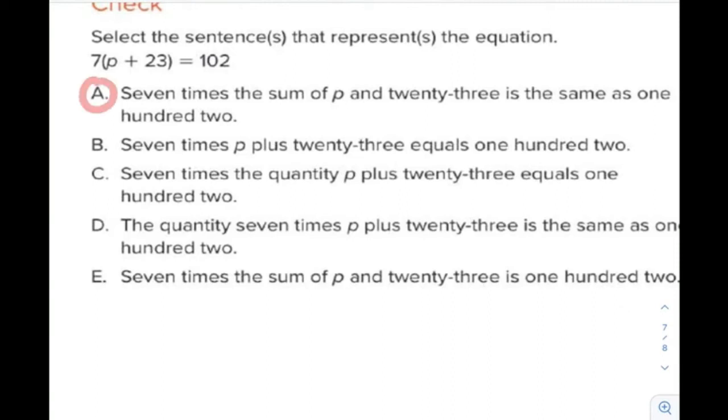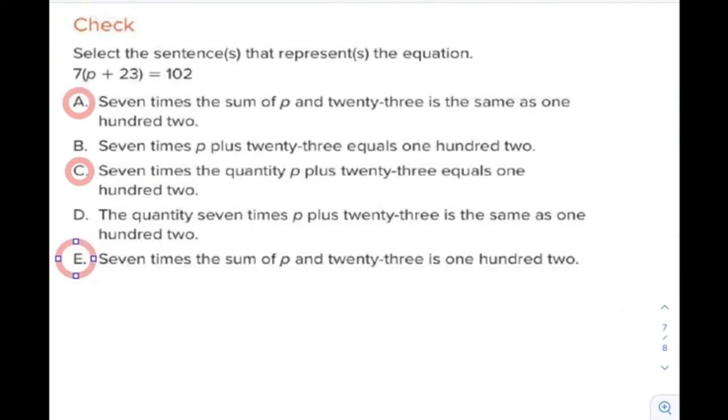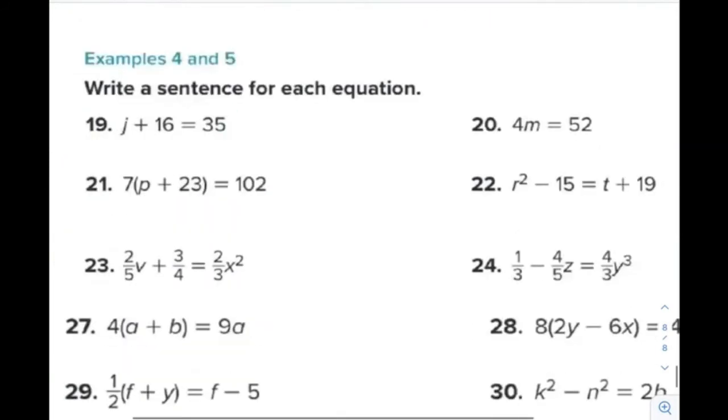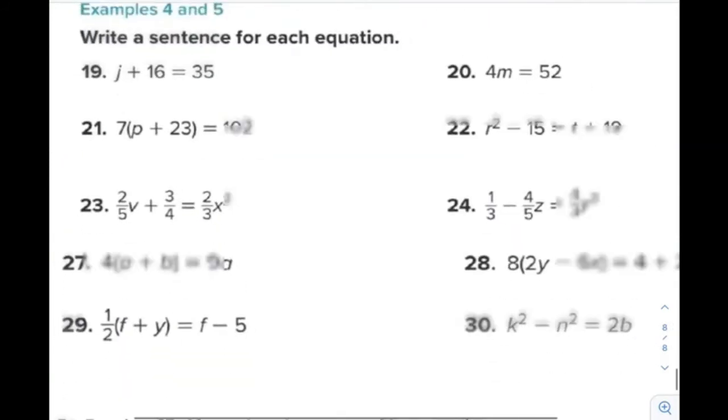So this is correct. This is correct. And this is also correct. Check them. If you have a question, you can ask later. This is also a quick revision of what we have said.